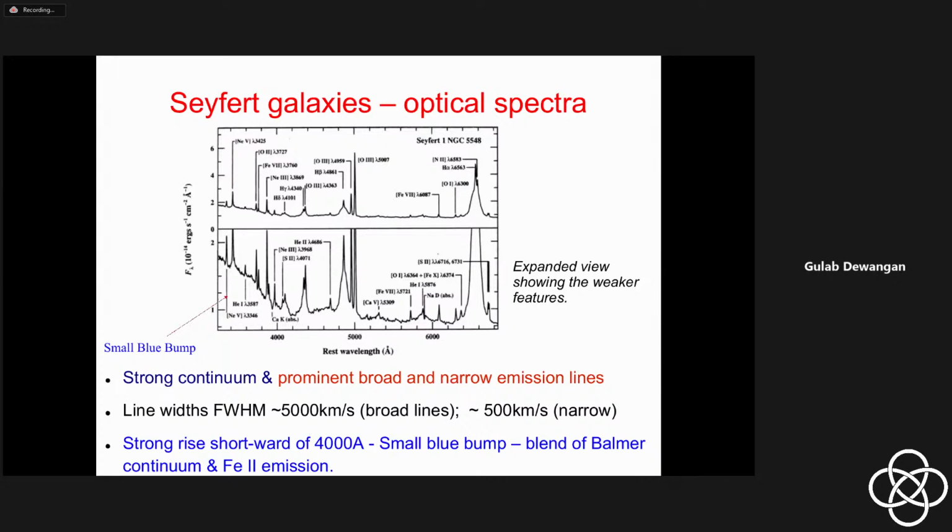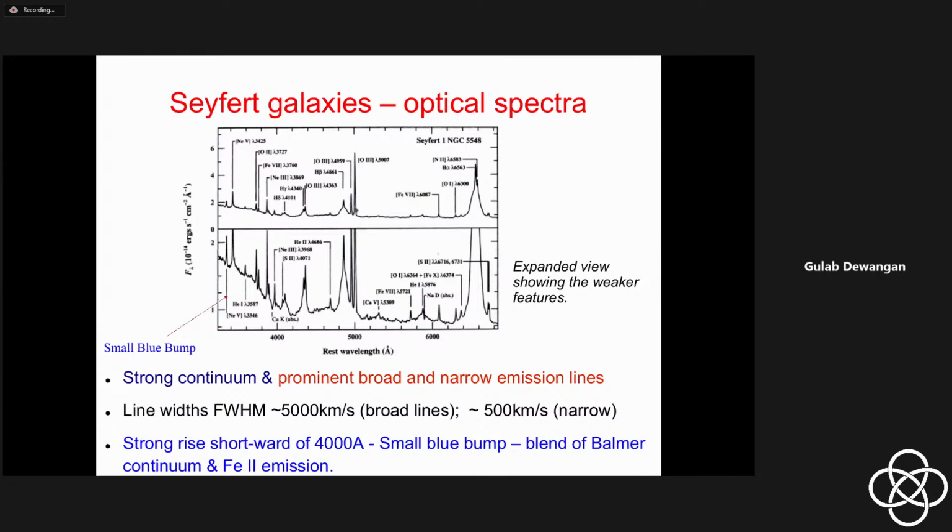What it means is that the material which is giving rise to these broad emission lines actually moves with these 5,000 to 10,000 kilometers per second speeds. And in addition to these broad emission lines, there are narrow emission lines. For example, here you see very close to this broad H beta line, the oxygen 3 line at 5007 angstrom as well as 4959 angstrom.